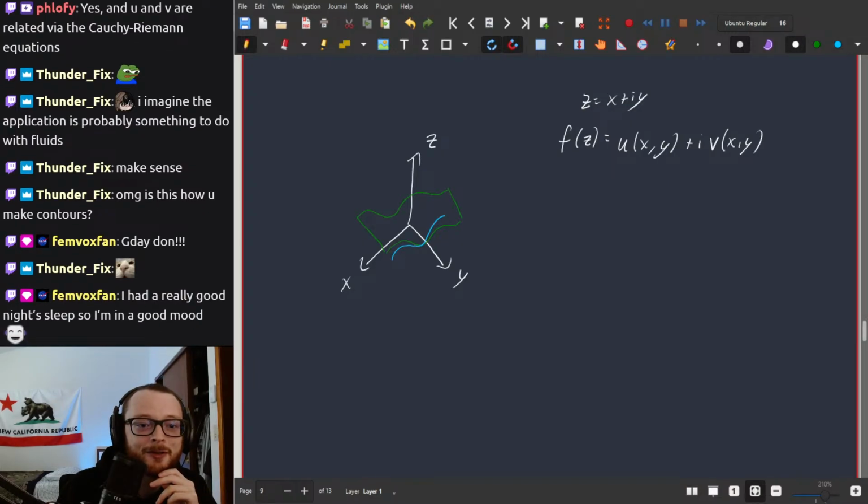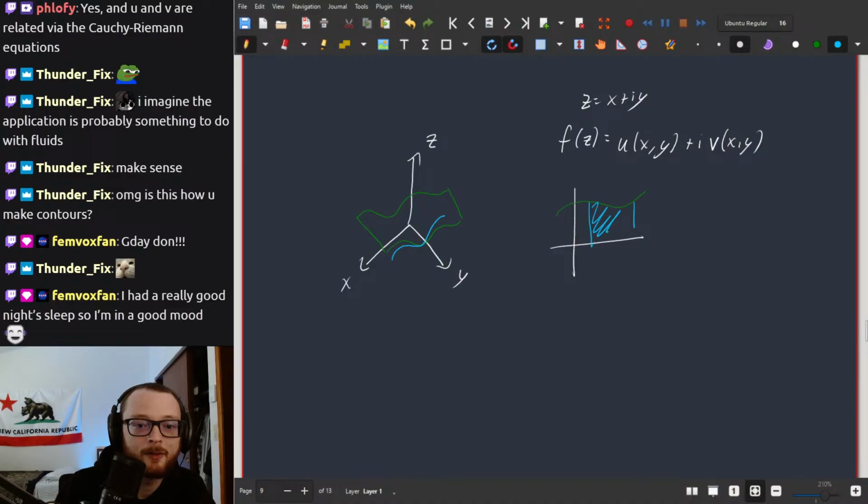But in the same exact way, you can ask for the area under the curve of this straight line along the x-axis. You can also ask for the area under the curve of this curvy line.